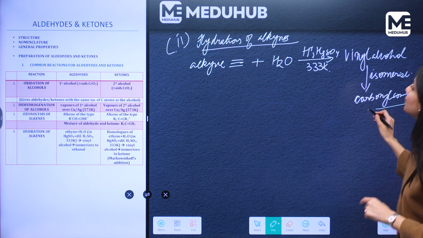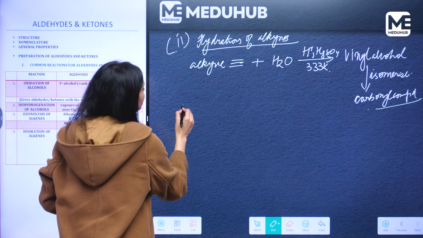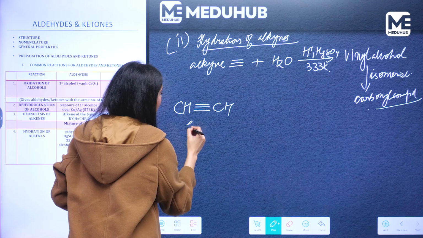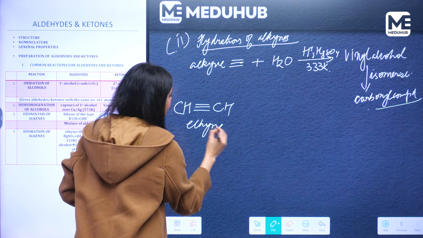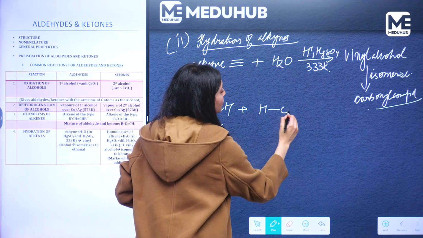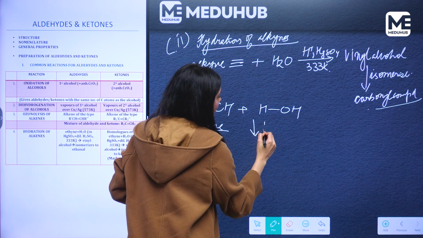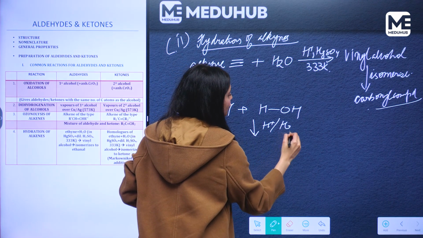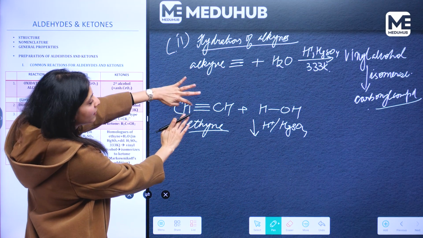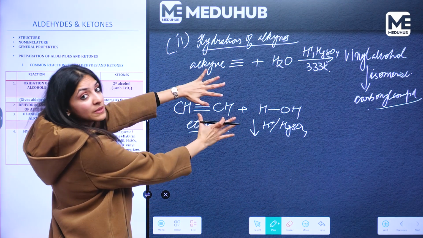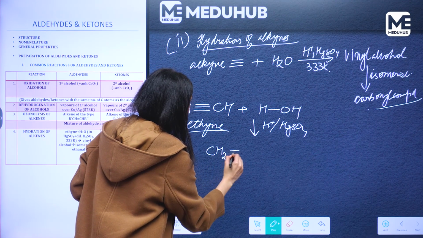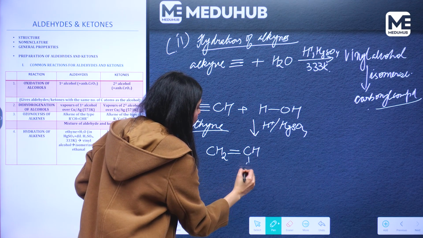Let us see how. If we take the simplest, that is CH triple bond CH, ethyne, and add on a molecule of water to it, H plus, HgSO4, H will get added on here, OH will get added on here. Both the carbons are the same, so there is absolutely no confusion here. So we will have CH2=CHOH.